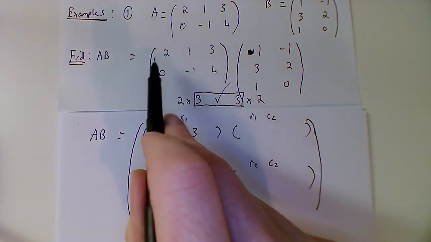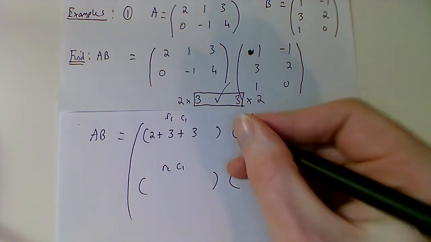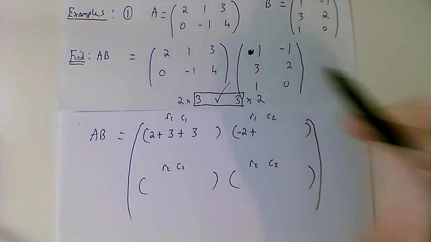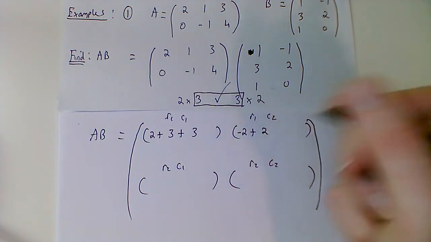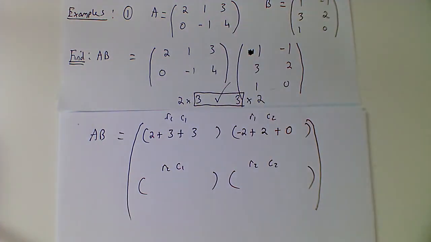Same thing in here, row 1 times column 2. So 2 times negative 1, negative 2, plus 1 times 2 is 2, plus 3 times 0 is 0.